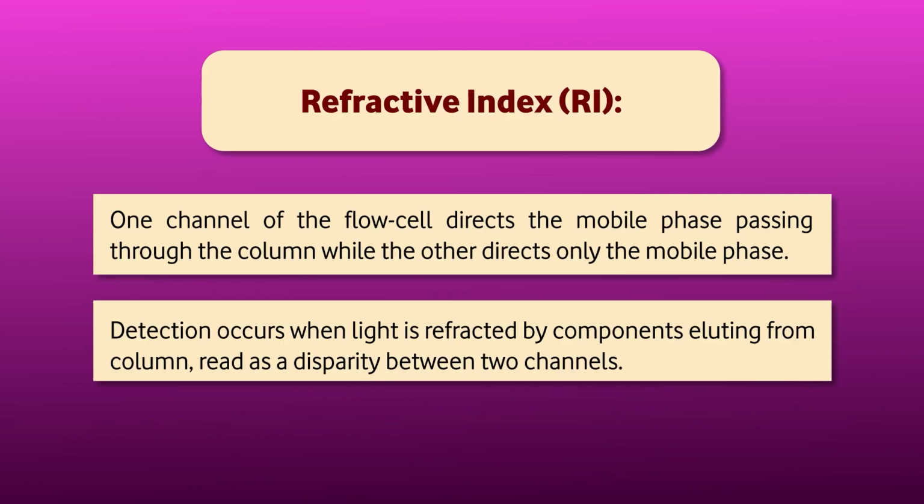So the difference in the refractive index between the one passing through the column and the one which is directly going into the flow cell will be the refractive index difference which is recorded. So detection occurs when light is refracted by components eluting from the column, read as a disparity between the two channels, and we get a chromatogram using the refractive index detector.